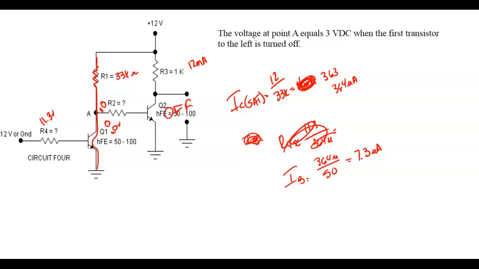So I'm controlling 12 milliamps with 7.3 microamps, but we're going through two transistors. So R4 is going to be equal to 11.3 divided by 7.3 micro. This is going to be a big resistor.